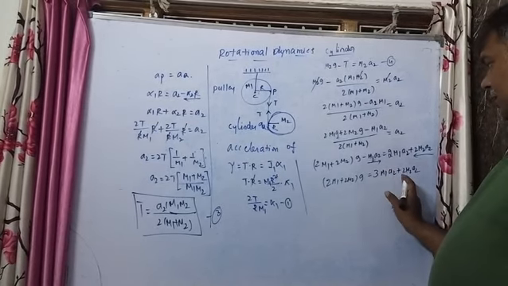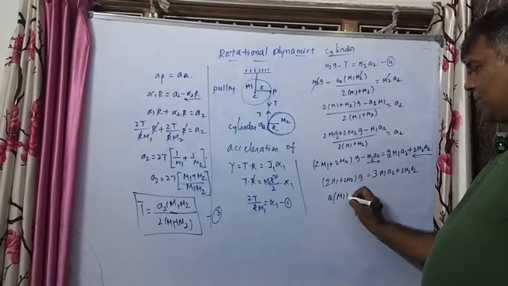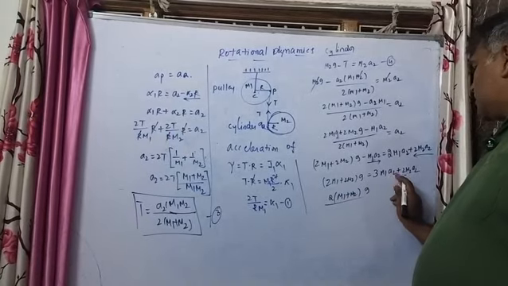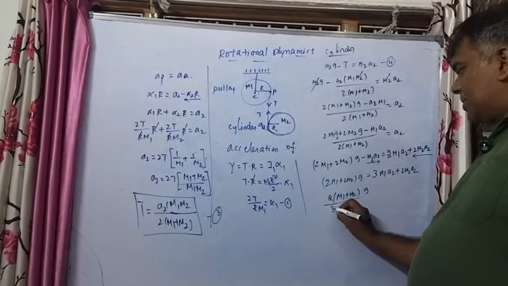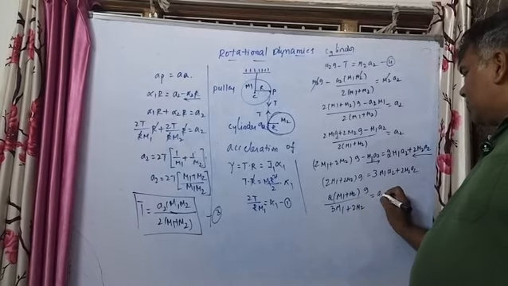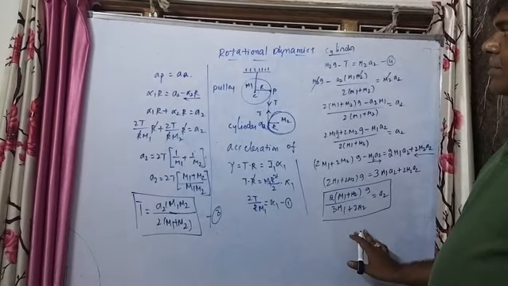Finally, A2 is taken common. So 2 into M1 plus M2 into g divided by 3M1 plus 2M2 is equal to A2. This is the acceleration of the cylinder.